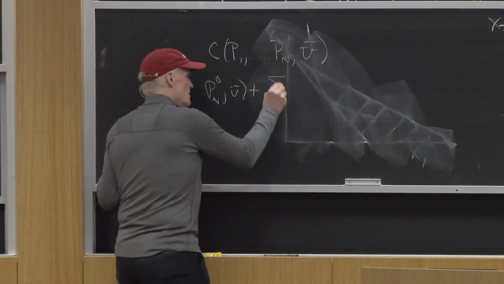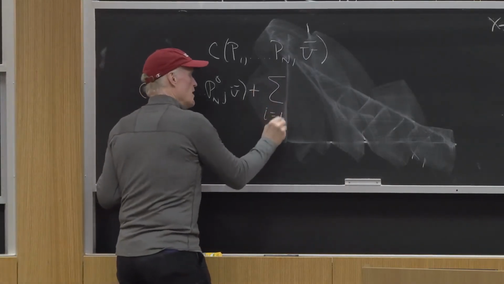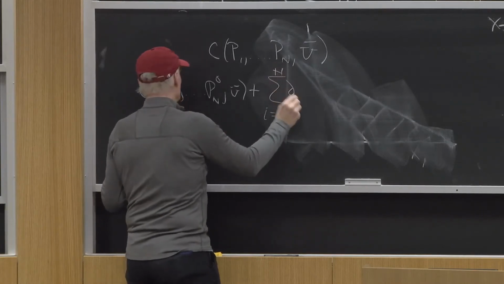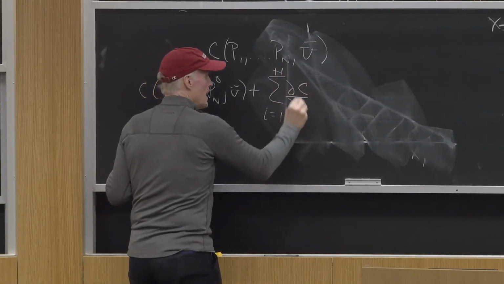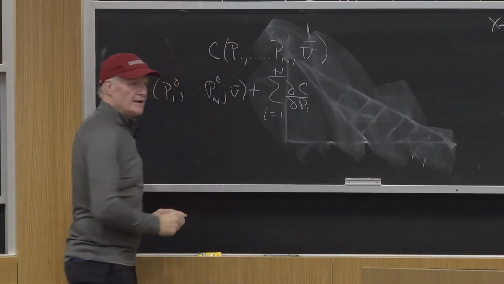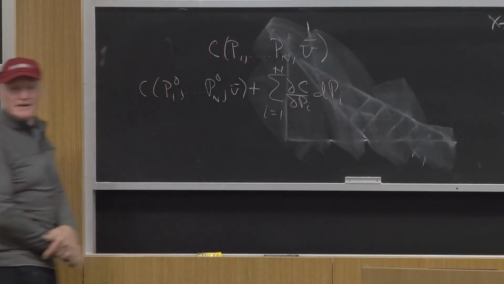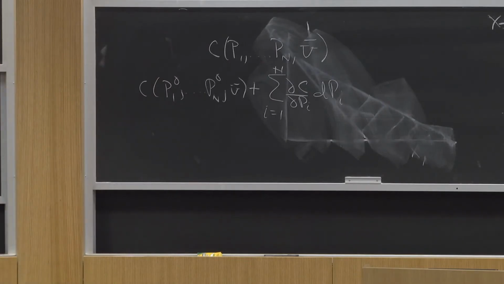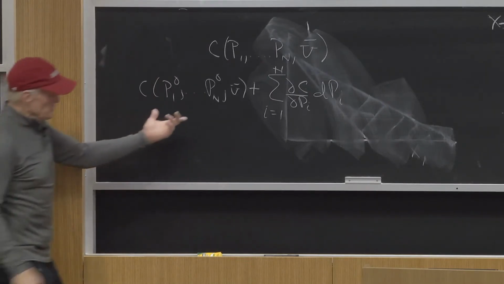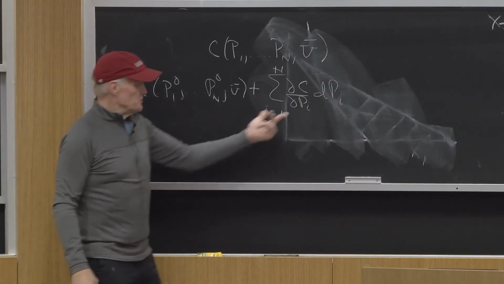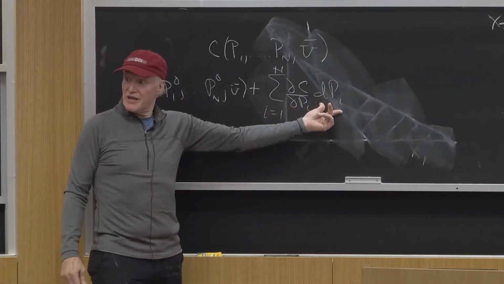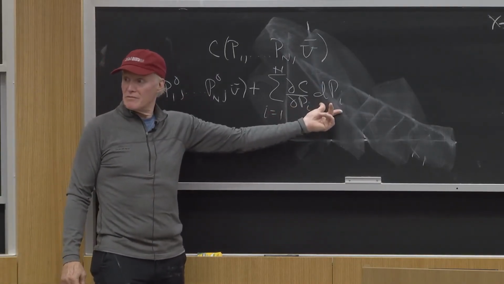You take the sum, i equals 1 to n, partial C, partial Pi, times dPi. Everybody agrees with that? A first order approximation is just the function at the starting point plus the derivatives times the changes in the prices. Everybody agrees with that?